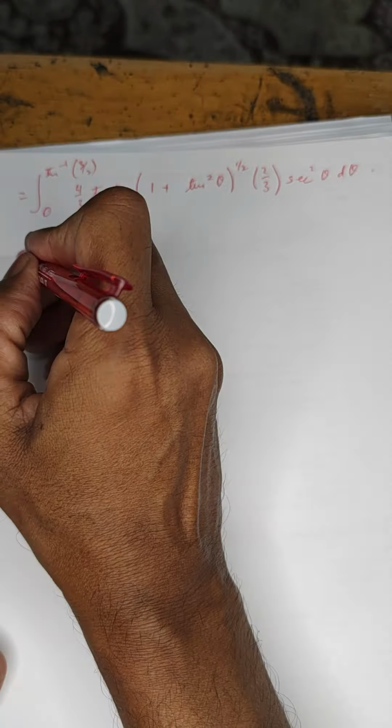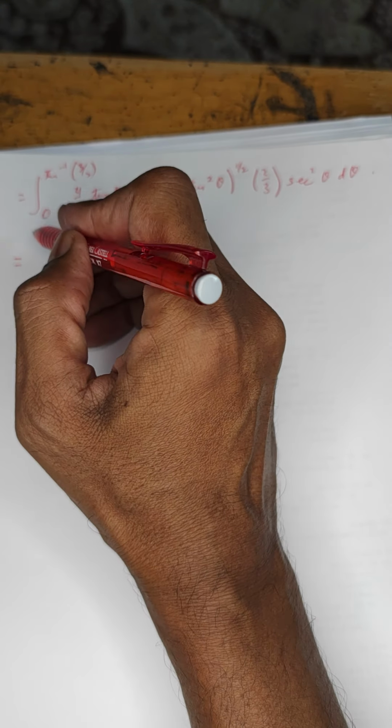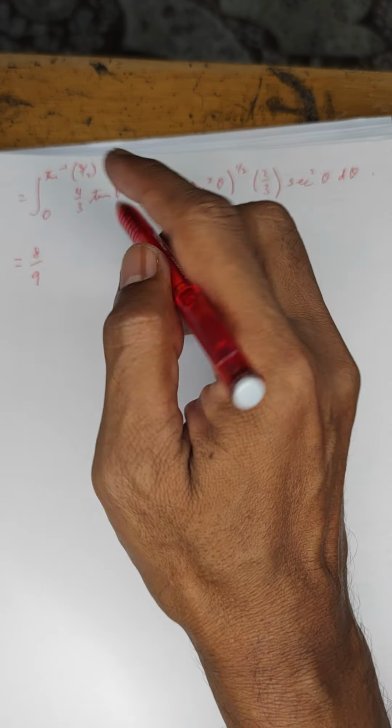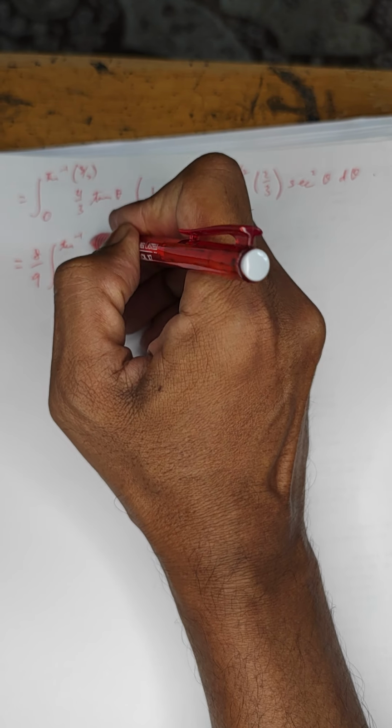Now I think you can simplify this. This is 4 over 3 times 2 over 3, so we have 8 over 9, which we can take out. Then we integrate from 0 to inverse tangent 3 over 2.